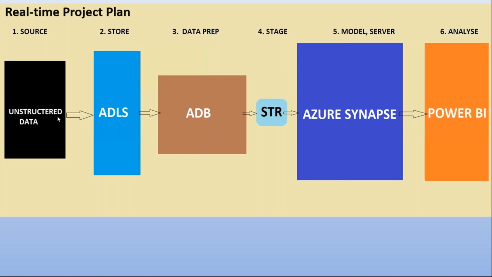Your database data is also a source, but usually unstructured data is the starting point, the journey of data. From there comes the database, data lake, Azure Databricks, storage activities, Synapse Analytics, and everything controlled by Data Factory. So this yellow box is actually Azure Data Factory. It has control of all other components.